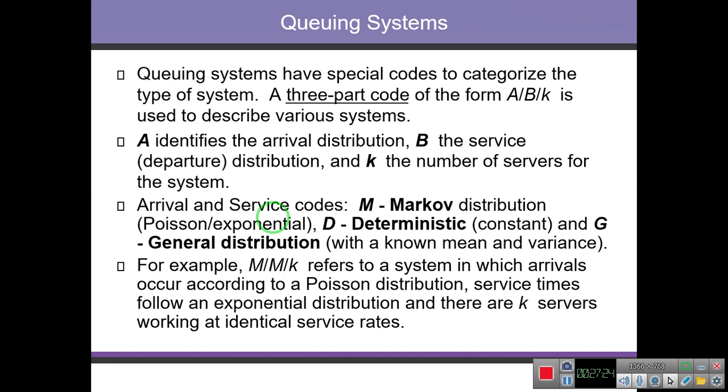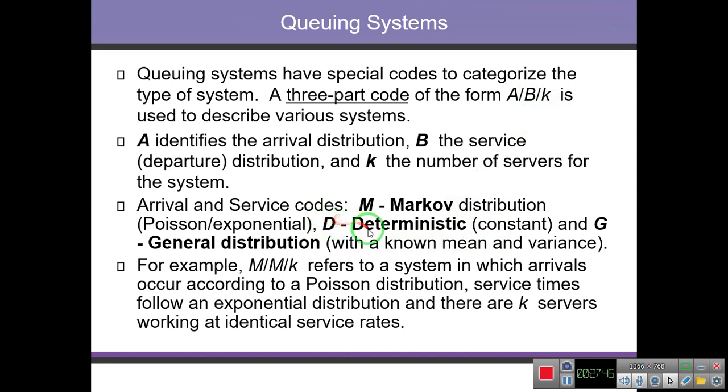This is the base model that we're going to use. So we use the letter M. You will see M as the first code for the arrivals, M again for the serving time, and then K will be the number of servers, which I will explain in a second.